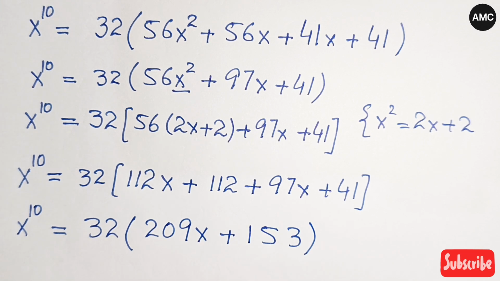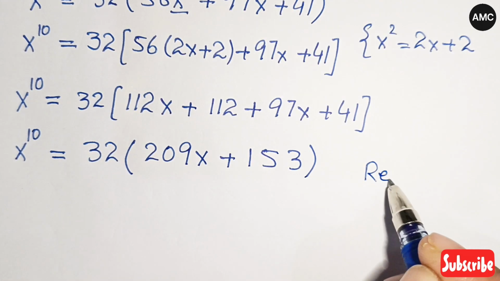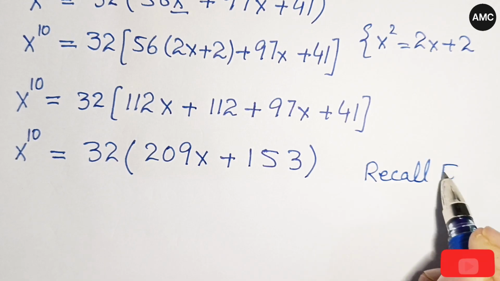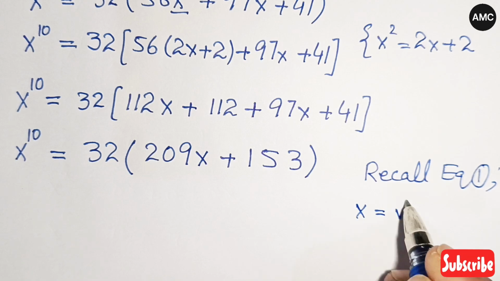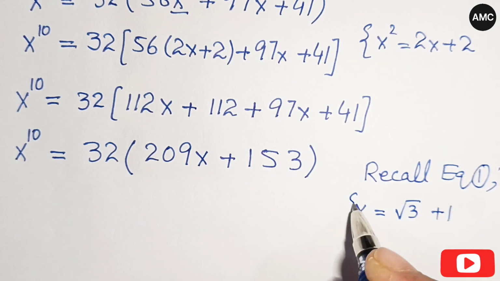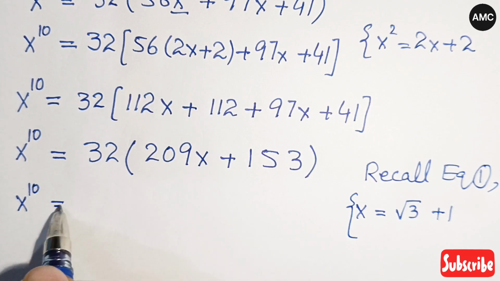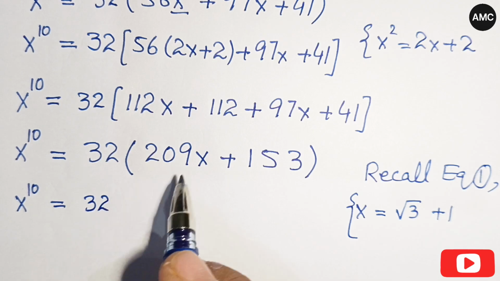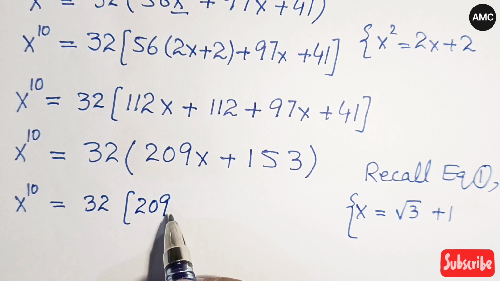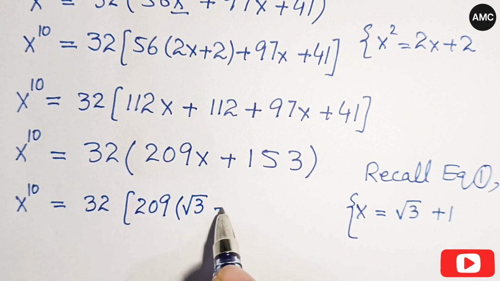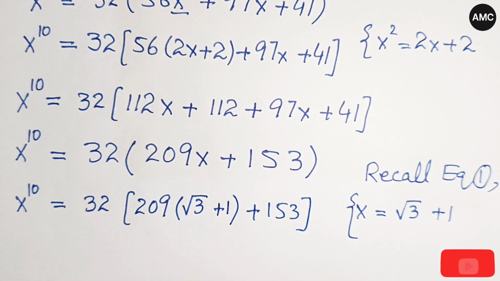So we also know that from equation 1, if we just recall our equation 1, x is equal to square root of 3 plus 1. Now putting this value of x here, then we have x to the power 10 is equal to 32 times, here we have 209 times square root of 3 plus 1, and plus 153.